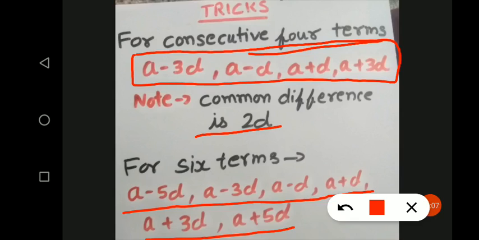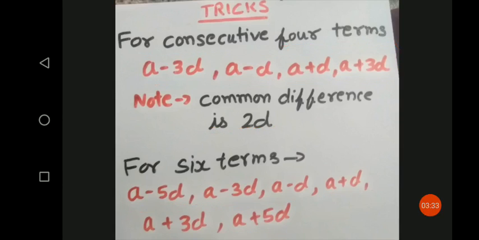And you can apply this for any 3 terms, any 4 terms, or any 5 or 6 terms. It is not necessary that they should be the first 3, 4, 5, or 6 only. It can be any terms, and we can apply it to solve the questions.